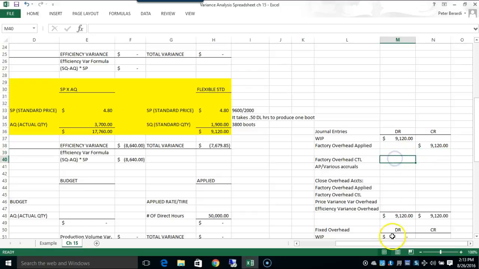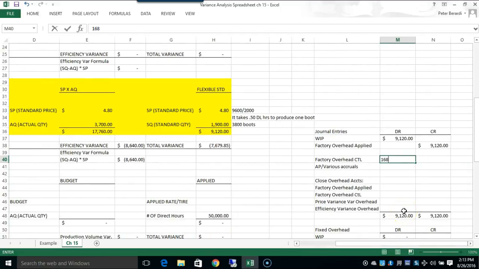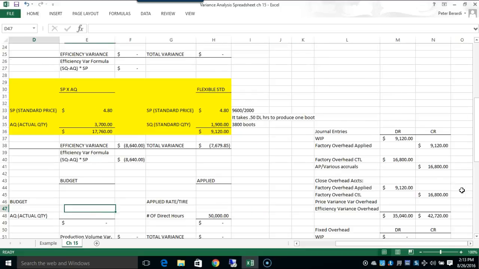The actual overhead comes in at $16,800, credited to various AP accounts. Now let's close out our applied factory overhead and our control account. We're going to debit applied to close it out, and we're going to credit control to close it out. The difference is going to go to our price and efficiency variances.